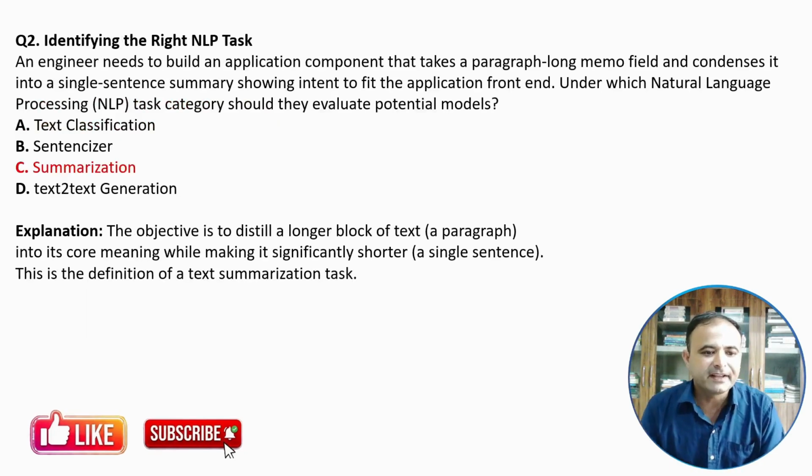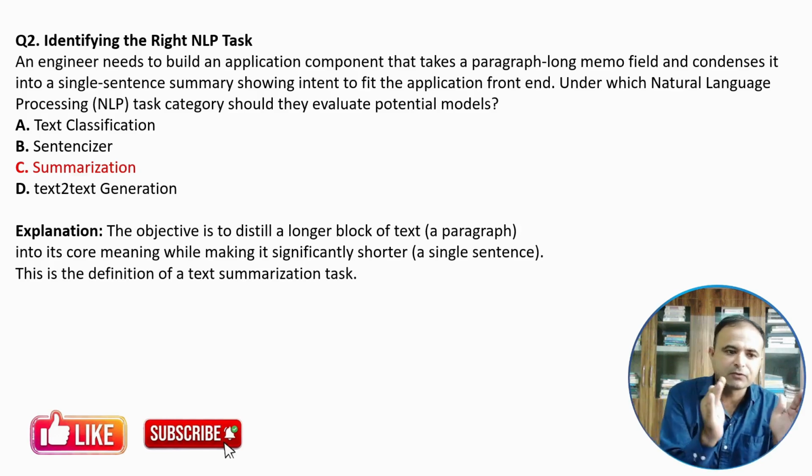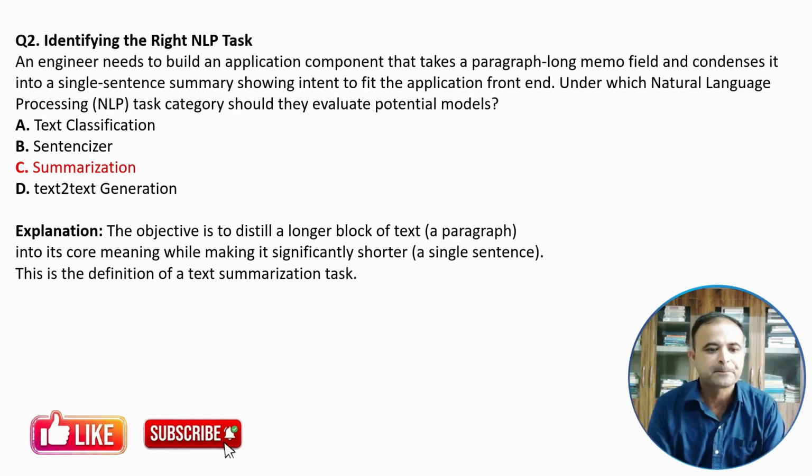Now, identifying the right NLP task. An engineer needs to build an application component that takes a paragraph-long memo field and condenses it into a single sentence summary. So a long paragraph needs to fit into a single sentence summary, to fit the application front end.